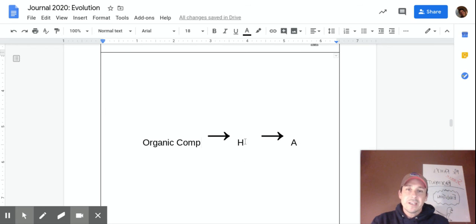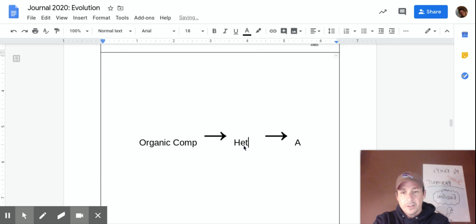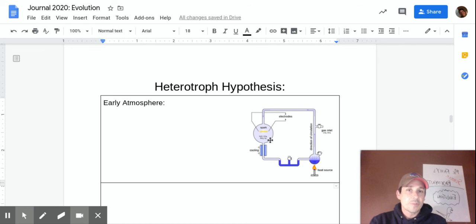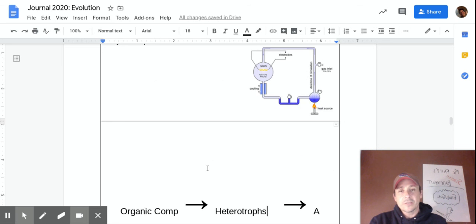Once those organic compounds appear, then after millions of years, the first things to appear on the planet are things that fed on the energy in those organic compounds. So the heterotrophs were the first living things that came about, feeding on the energy in the organic compounds that were spontaneously made in the atmosphere.